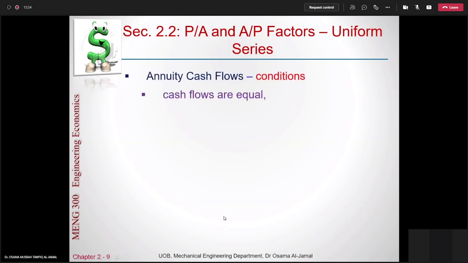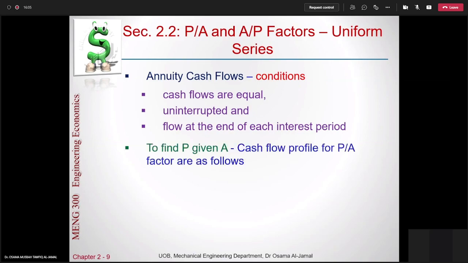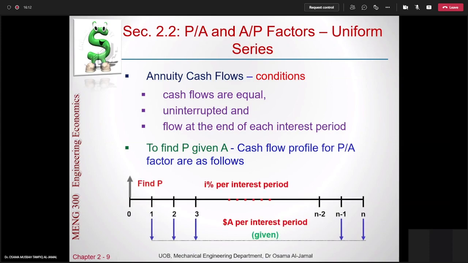So just to remind you again, the cash flows are equal, uninterrupted, and flow at the end of each interest period. To find the P given A, the cash flow profile will look like what we have in here now. And this is very important to plot it exactly according to this diagram.